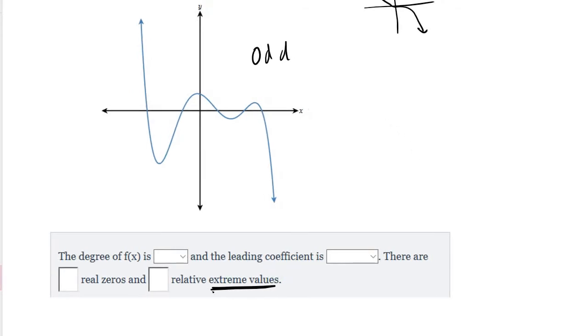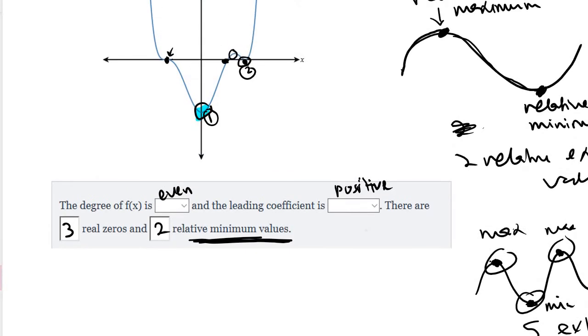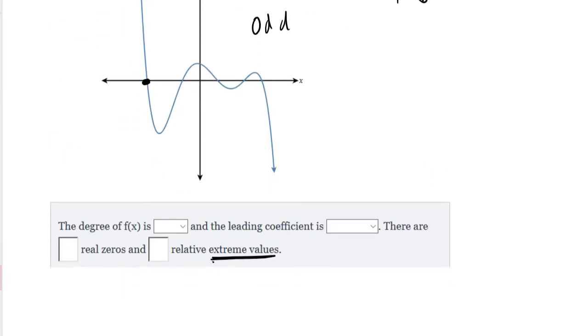All right, let's count all these places and their multiplicity. Actually, we're not looking for the zeros or the multiplicity, so we're just going to know that the degree is odd. That's all. I was trying to make it too hard.